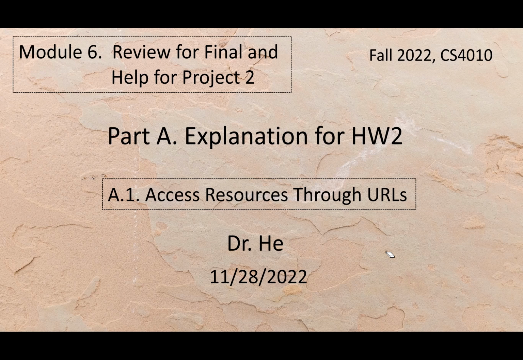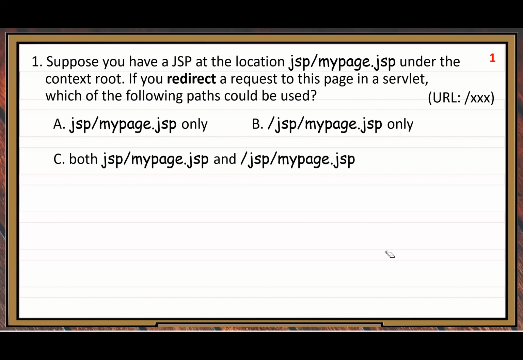First, I show you 4 examples. So I found 4 examples. Let me go through those 4 examples first. The first one, look at this one. Number 1, suppose you have a JSP at this location: the JSP folder, then the file mypage.jsp under the context root.